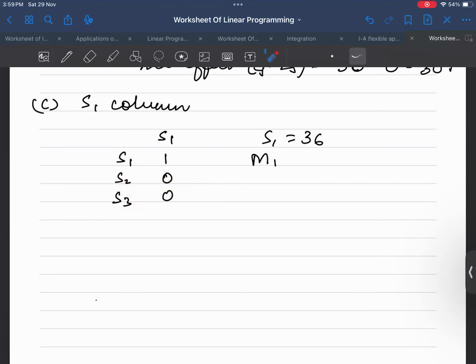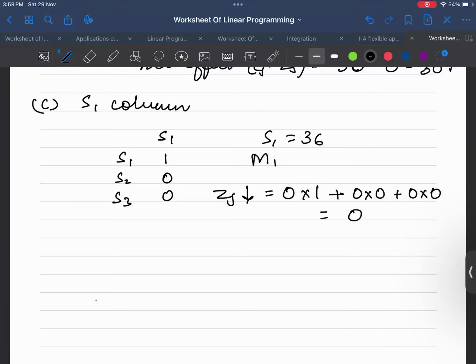will be sacrificed. So I can say my Z objective function reduction would be 0 multiplied by 1 plus 0 multiplied by 0 plus 0 multiplied by 0. That comes out to be 0. So my net effect, Cj minus Zj, would be 0 minus 0, which is 0.